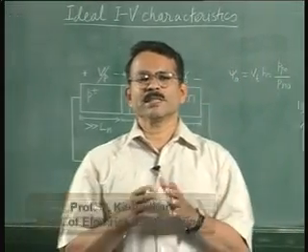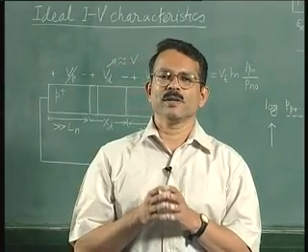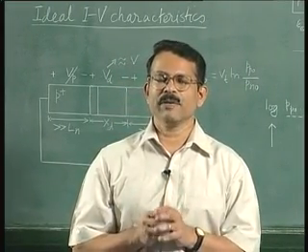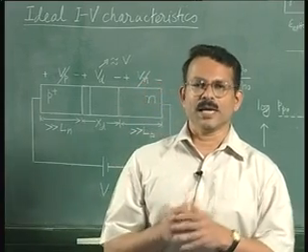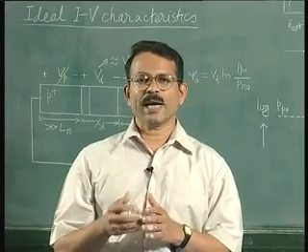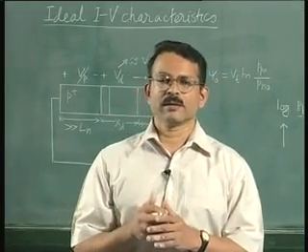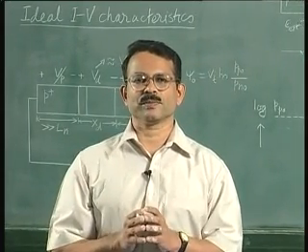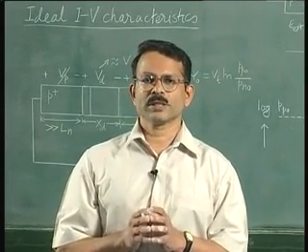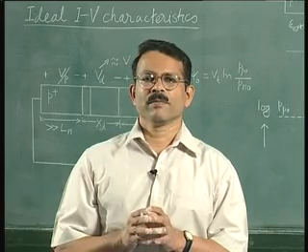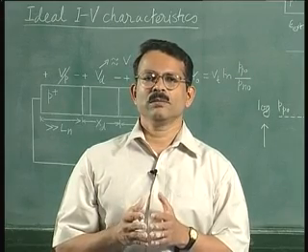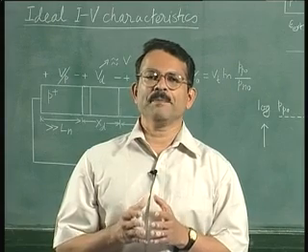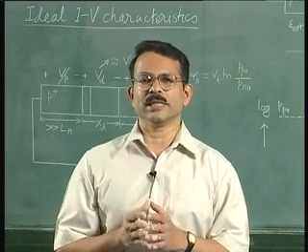Now we have estimated the average values of diffusion currents for holes and electrons, and we found that the values were rather large. If you look at the values that we had obtained from the equilibrium analysis, the average diffusion current of holes was around a couple of 100 amperes per centimeter square, the current density.